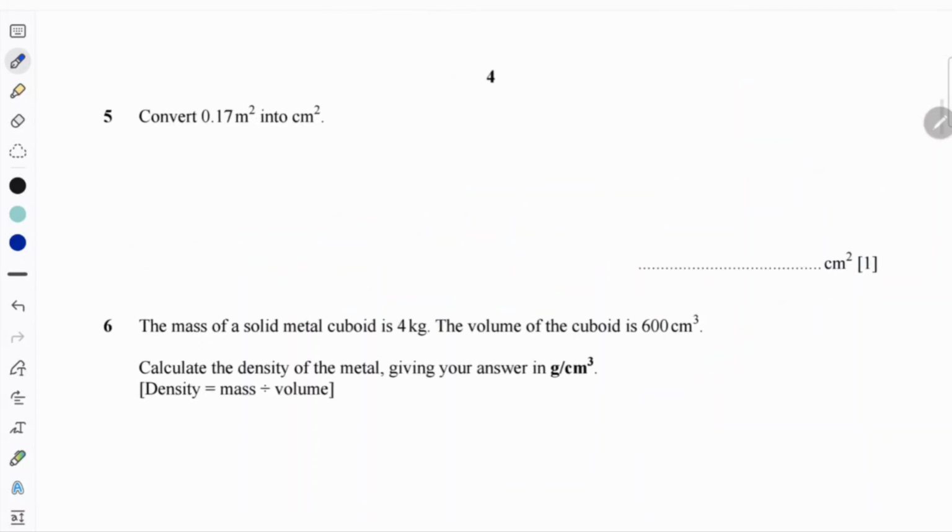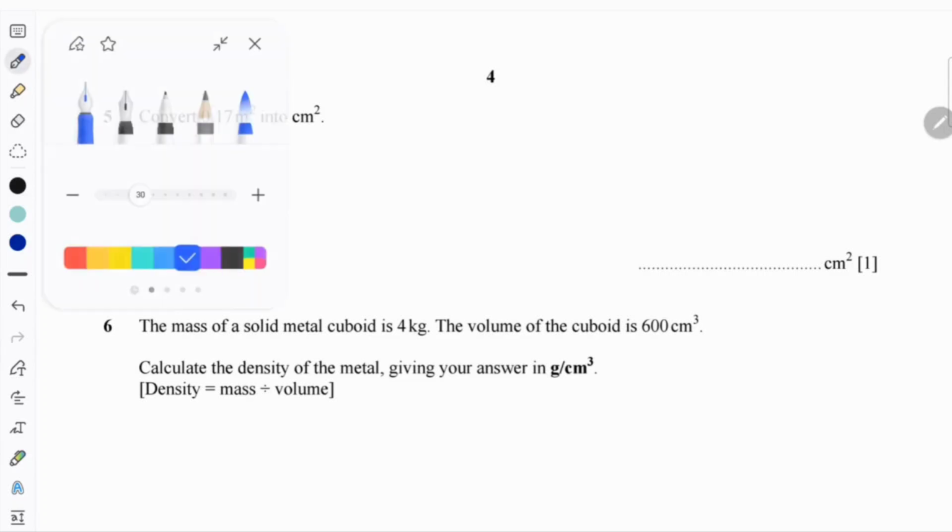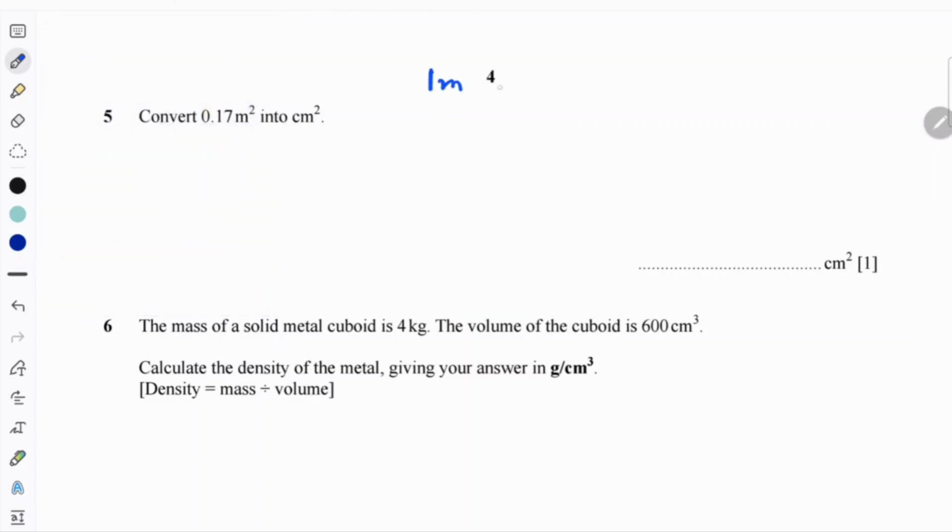Now question number 5. Convert 0.17 square meters into square centimeters. We know that 1 meter has 100 centimeters, and 1 square meter equals the square, so 10,000 square centimeters.